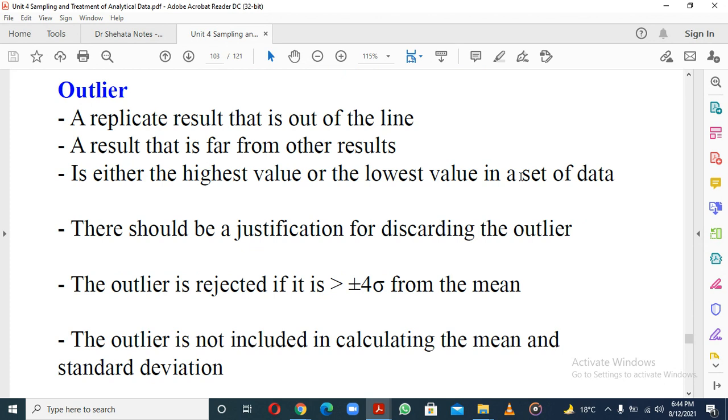And once you've labeled something as an outlier, you don't use it in calculating the mean and standard deviation, because you figure out that this was maybe as a result of a huge mistake.